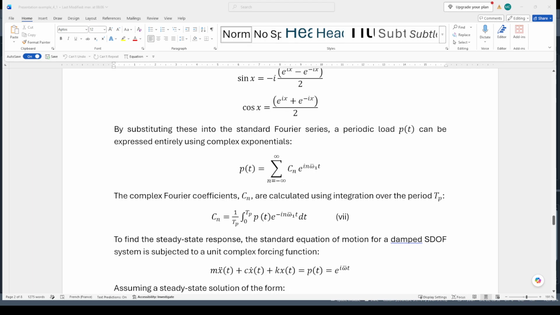By substituting into a standard Fourier series, a periodic load p(t) you can express it in this way.